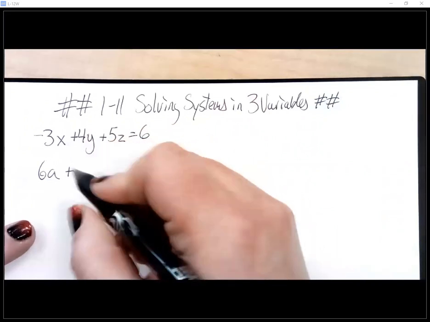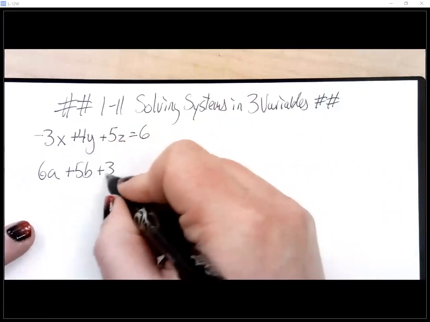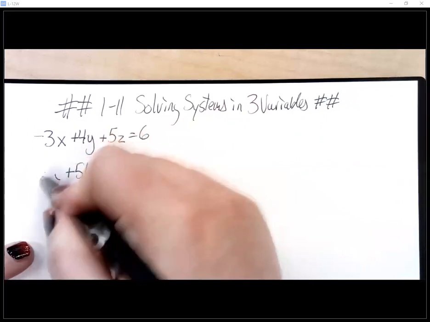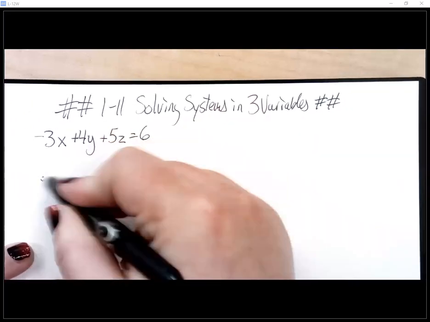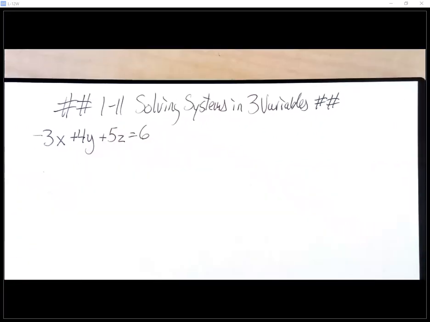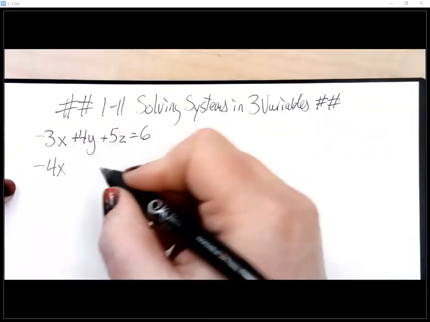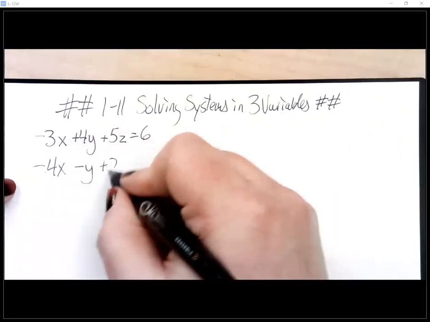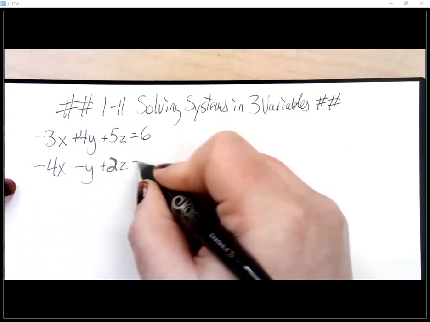So take a moment and make sure that you copy them down correctly. Sorry, I'm copying. I can't talk and copy at the same time. Negative 3x plus 4y plus 5z equals 6. Yep, and then the next one is negative 4x minus y plus 2z equals 2.